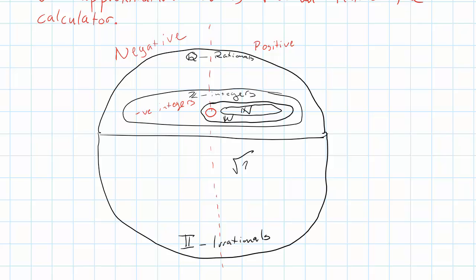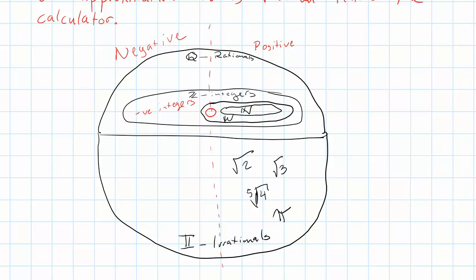In among the irrationals are numbers like the square root of 2, the square root of 3, also things like the fifth root of 4, any root of a whole number that doesn't turn out to be a whole number. And we also have numbers like our friend pi, which is another kind of irrational number.